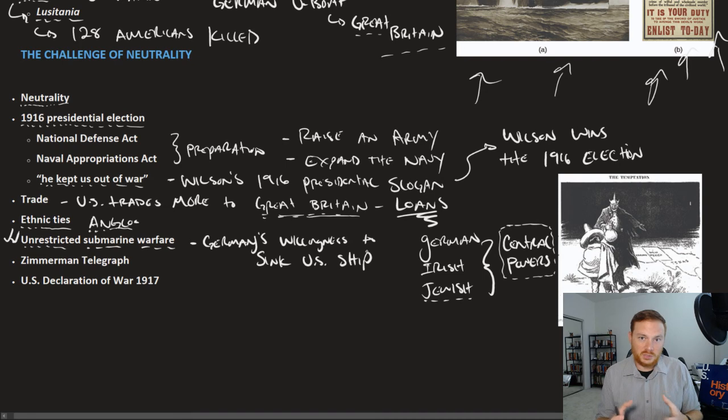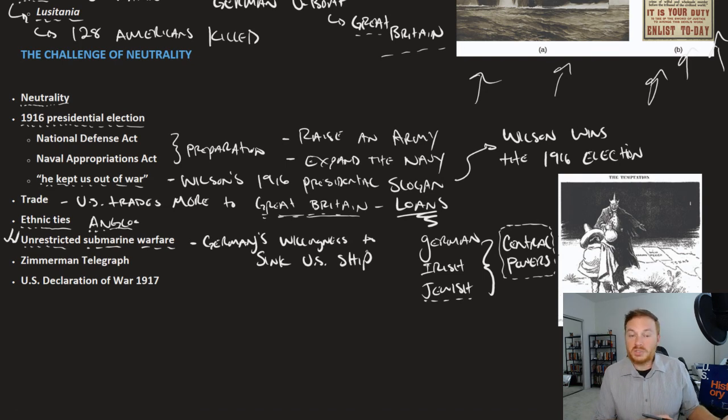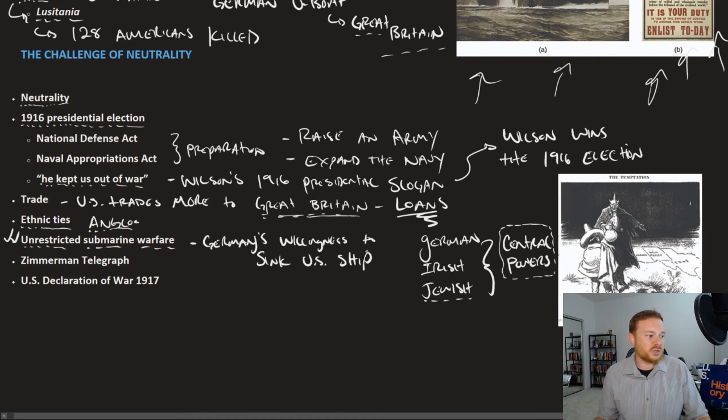Essentially what Germany said was, any ship looking to get to Great Britain, the Germans are going to sink it. It doesn't matter if it's an American ship or whatever ship that it belongs to. And with that policy, American ships are starting to be sunk by Germany. And that's really what pushes the US out of this neutral position, this willingness by Germany just to use submarine warfare with no restrictions on it whatsoever.